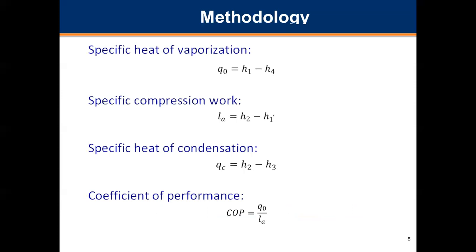The parameters determining the efficiency of the heat pump are calculated according to the presented equations. The reported values of the specific enthalpies and the respective intersection points of the cycle are used.